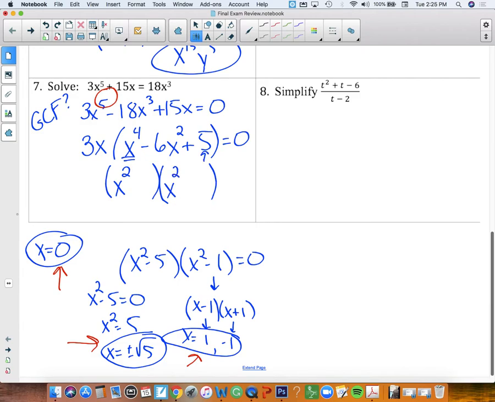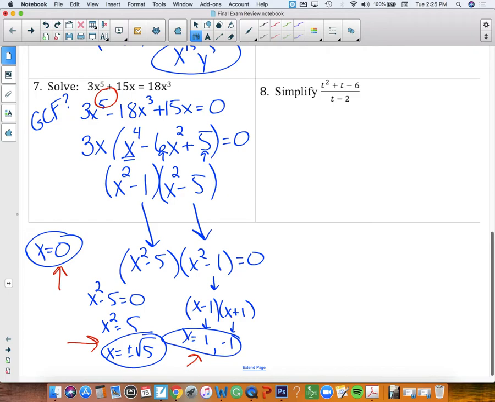So how can I get that 5 and negative 6? So two numbers to multiply to give you a positive 5 and add to give you a negative 6. Well, that's that negative 5 and negative 1. So then, just like we did before, you're on to this step down here. Okay, so you will get the same answer without using u substitution. It's a little bit quicker if you don't use u substitution, but either way would be fine.